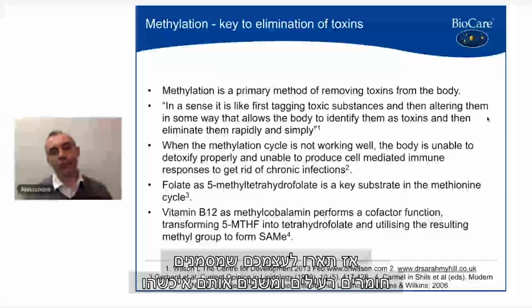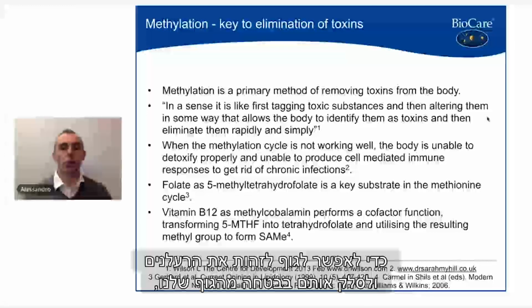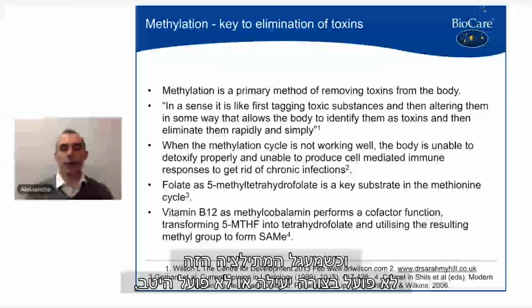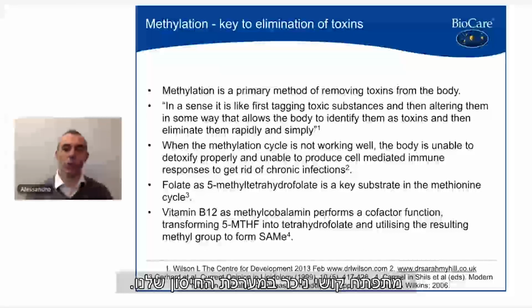Imagine tagging toxic substances and then altering them in some way in order to allow the body to identify these toxins and then safely remove them from our body. And when this methylation cycle isn't working efficiently or isn't working well, then this is when we start to have a substantial challenge to our immunity.